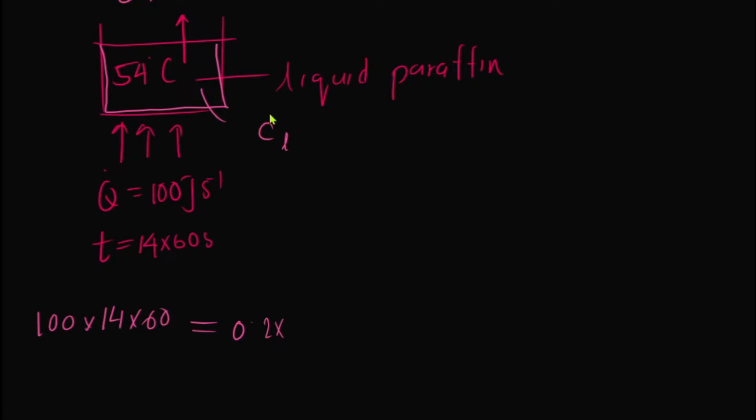Now we do not know the specific heat capacity of the liquid paraffin, but we know the temperature change. The temperature changed from 54 to 84, and the heat capacity of the calorimeter is still 96, right? So the temperature change is 84 minus 54, right? So the heat supplied for 14 minutes was absorbed by the liquid paraffin plus the calorimeter, right?